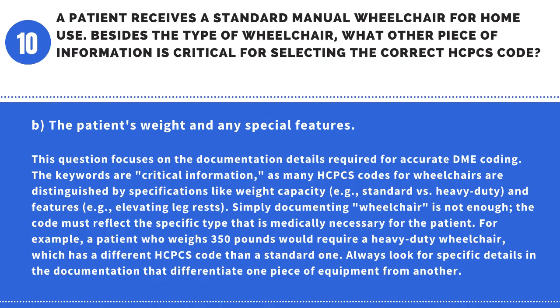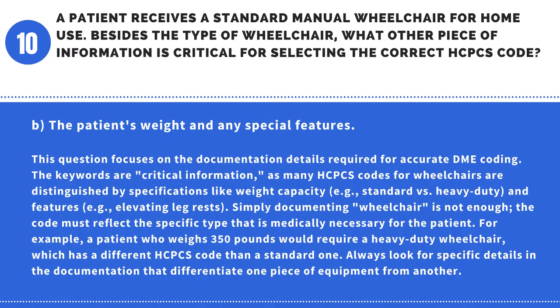This question focuses on the documentation details required for accurate DME coding. The keywords are "critical information," as many HCPCS codes for wheelchairs are distinguished by specifications like weight capacity, e.g., standard versus heavy duty, and features, e.g., elevating leg rests. Simply documenting "wheelchair" is not enough.